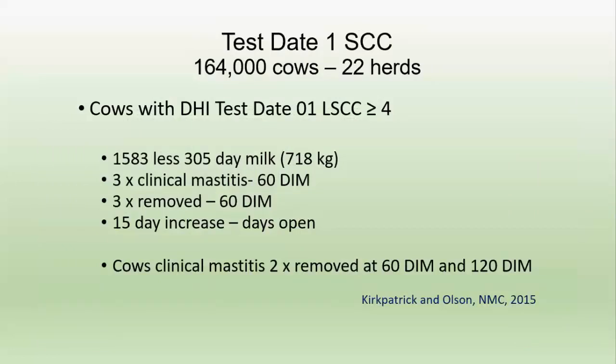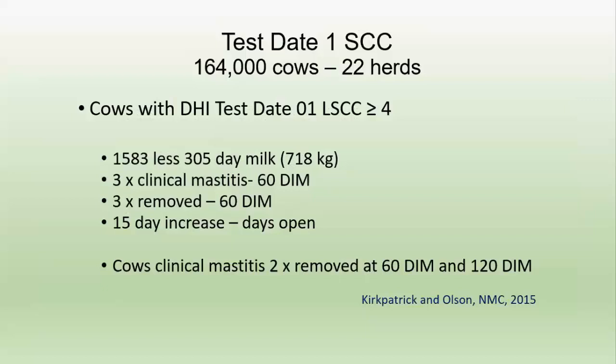This is important because we know that cows that have a high somatic cell count at calving or soon after suffer substantially greater losses than those cows who are infected later in lactation.